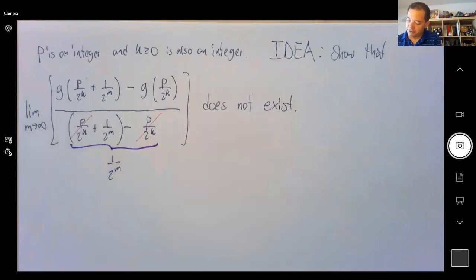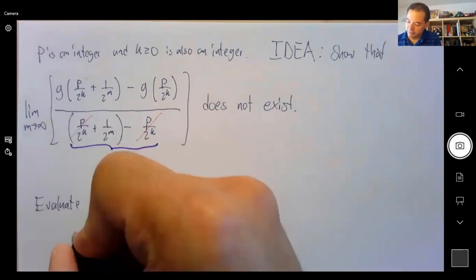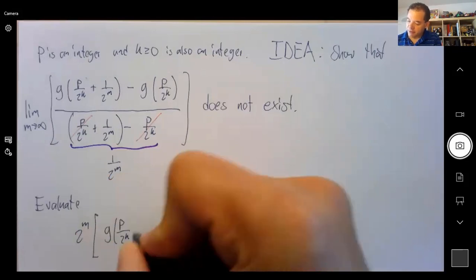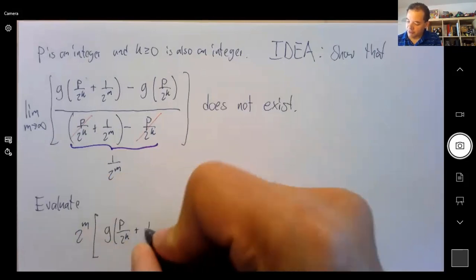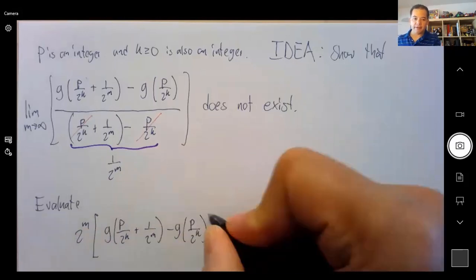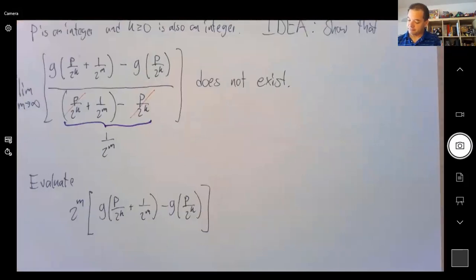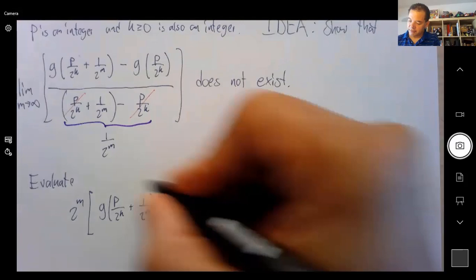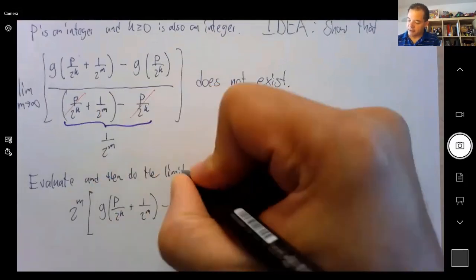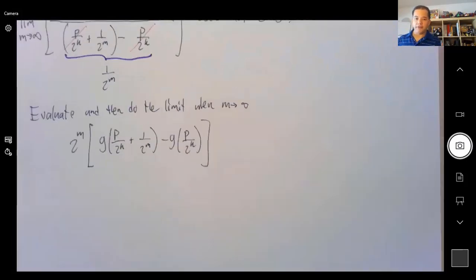So let's evaluate 2 to the m times g of p over 2 to the k plus 1 over 2 to the m minus g of p over 2 to the k. Evaluate this and then do the limit when m goes to infinity. That's our plan.